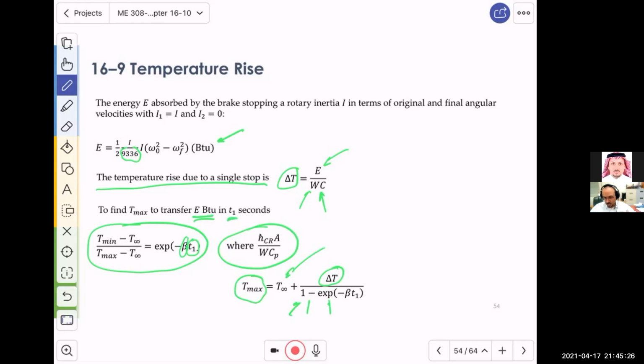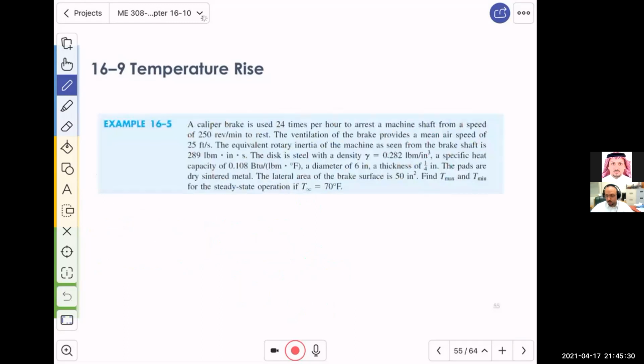That's it. All right. So we'll have an example about this, and then hopefully it will become very clear to you. So we have here a caliper brake used 24 times per hour to arrest a machine shaft from a speed of 250 revolutions per minute to rest.